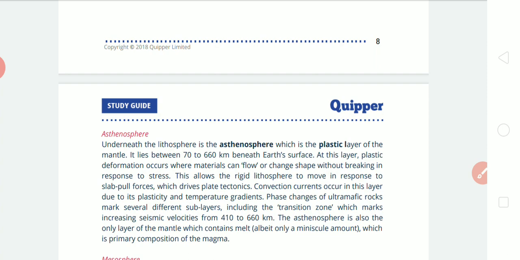There is no subduction there, but instead it deforms so that the plates do not separate. So that is the unique characteristic of being a plastic layer, which pertains to the characteristic of the asthenosphere.